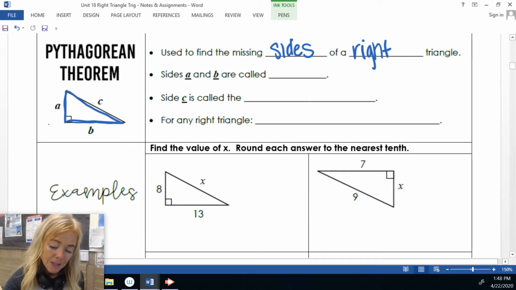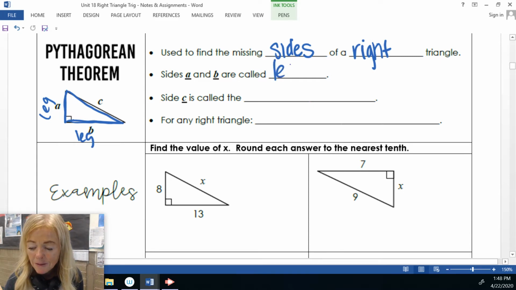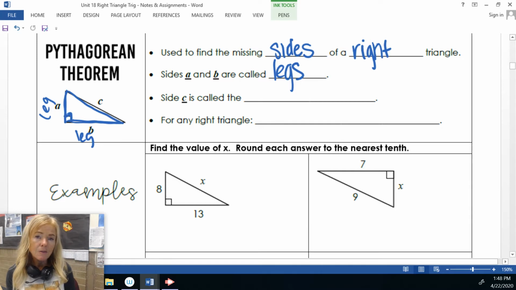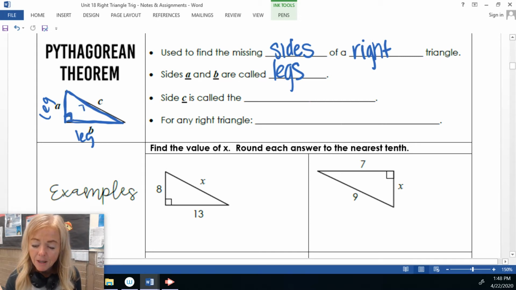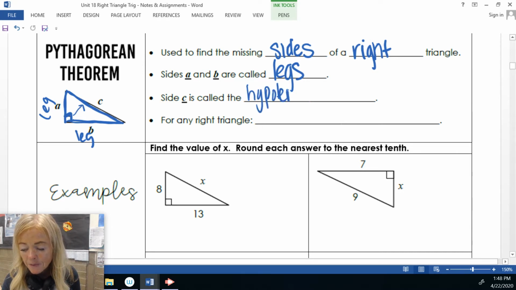So what we call sides A and B are legs, and they form the right angle. So always note that the legs are the ones that form the right angle. Side C, if you locate the right angle and look directly across from that, is side C, and side C is called the hypotenuse of the triangle. All right?